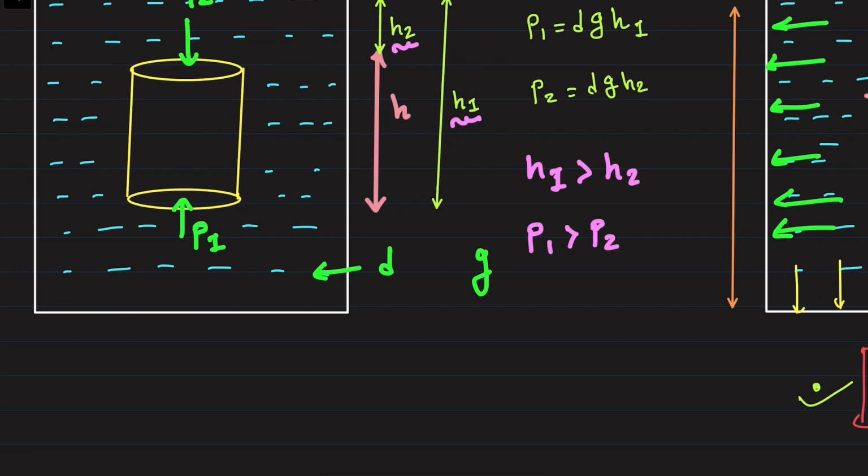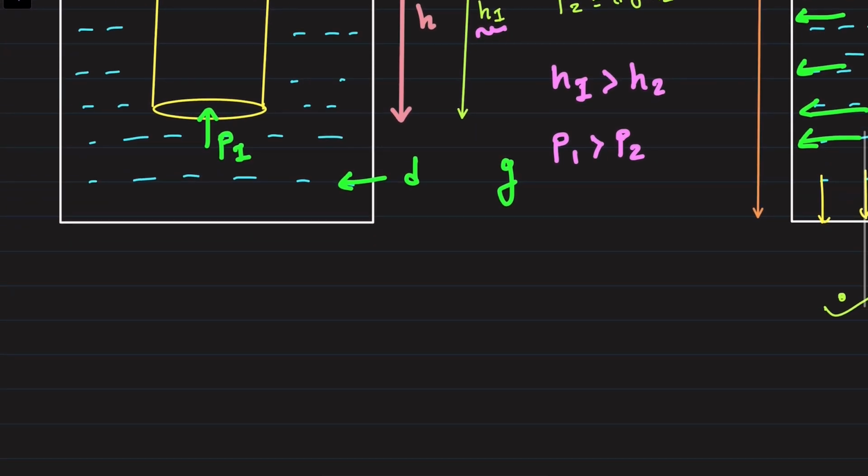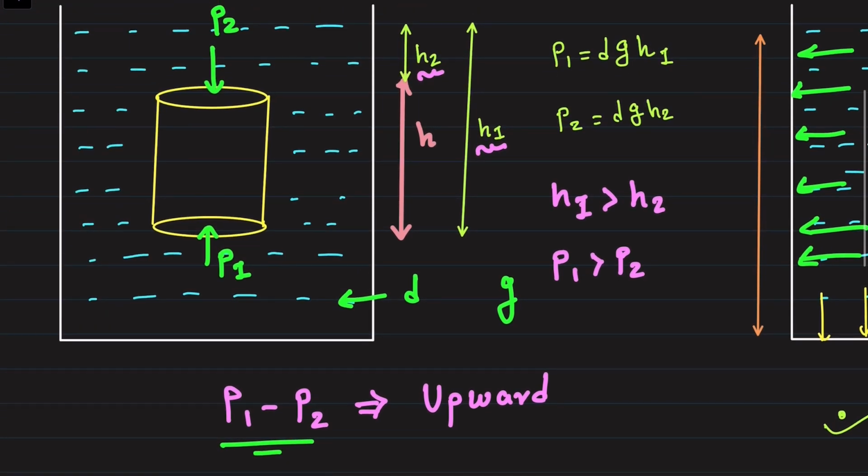So the net pressure or net force exerted is in the upward direction. So the difference P1 minus P2 is in the upward direction.